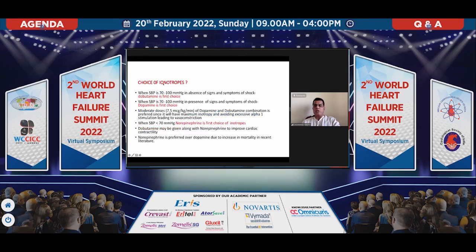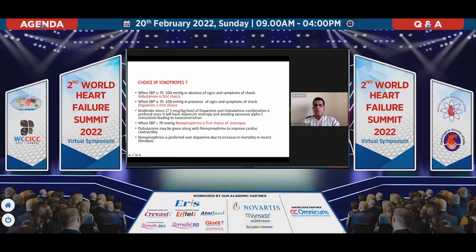What choice of inotropes must we use when the blood pressure is around 70 to 100? If there are no symptoms and signs of shock, ideal is dobutamine, because it is a positive inotropic drug, basically beta 1 action. If there are signs and symptoms of shock, maybe dopamine is important, because we want the alpha action. If you use both, a moderate dose of dopamine with dobutamine combination is preferred.